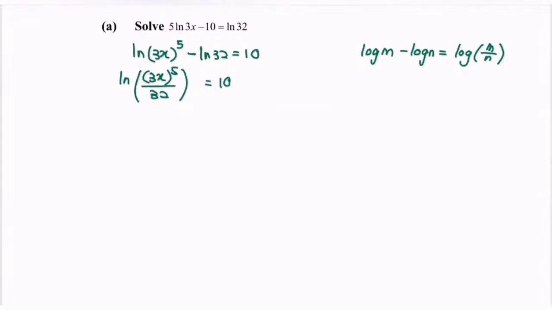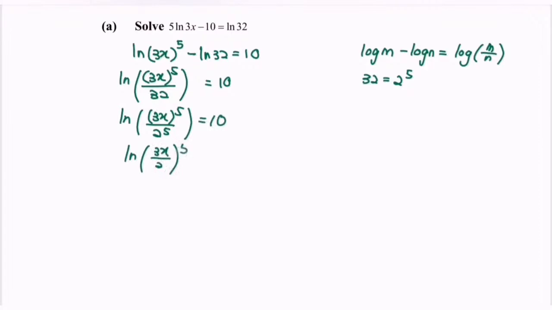As we all know, the value 32 is equal to 2 to the power of 5. So meaning that ln bracket 3x bracket to the power of 5 over 2 to the power of 5. We write the situation, ln bracket 3x over 2, to the power of 5, equals 10.